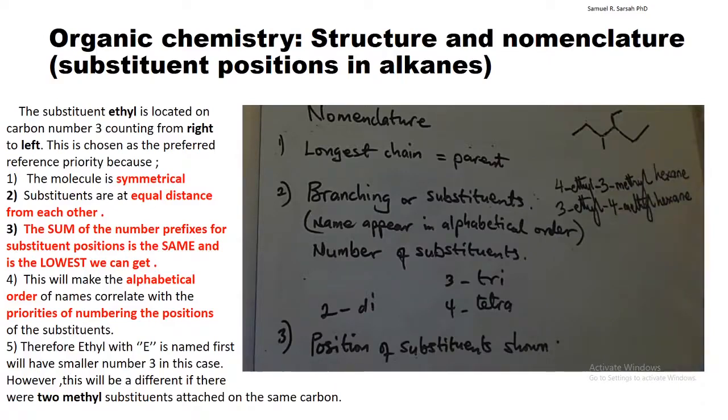Even though both of them might be correct in some instance, a smaller number is preferable to lead compared to a bigger number leading a smaller number. So in this scenario, this name will be much more preferable than the first one. So the name chosen should be 3-ethyl-4-methylhexane.